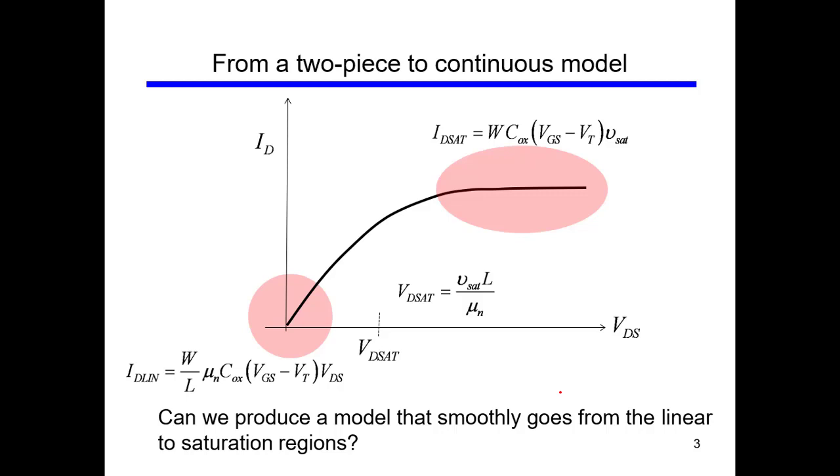So again, this is shown as another picture. You have ID versus VDS, and the goal is that we want to connect these two regions smoothly. We want a model that can connect the linear region and the saturation region smoothly.